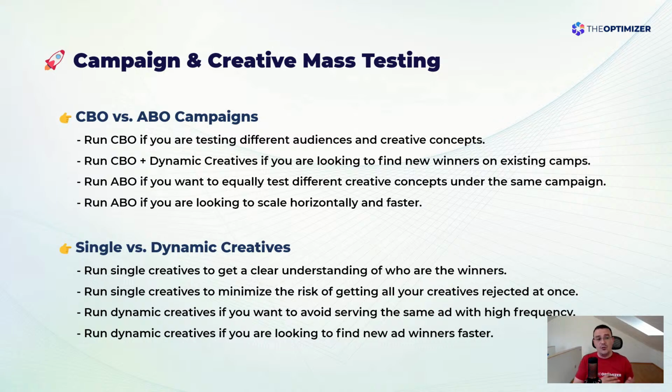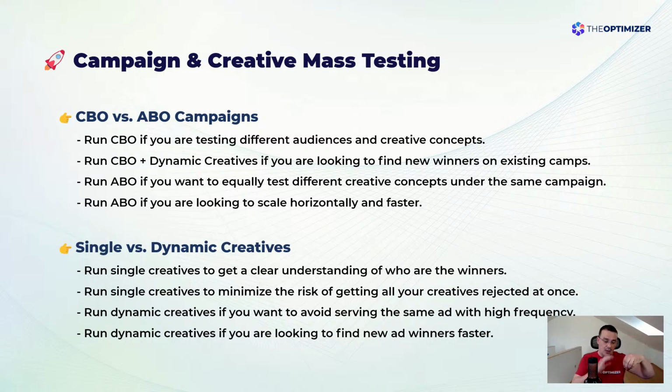Then you move to ad set budget optimization if you're looking to equally test creatives, and that comes back to the old traditional A/B testing approaches, where we want to allocate the same amount of budget, the same amount of people or impressions whenever possible to different sets of creatives.